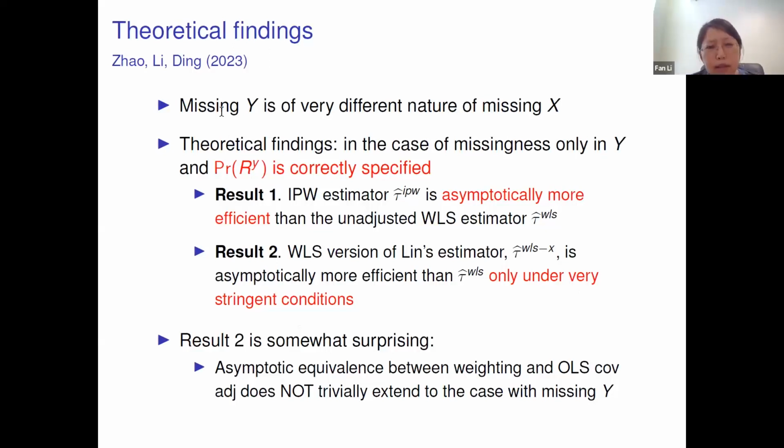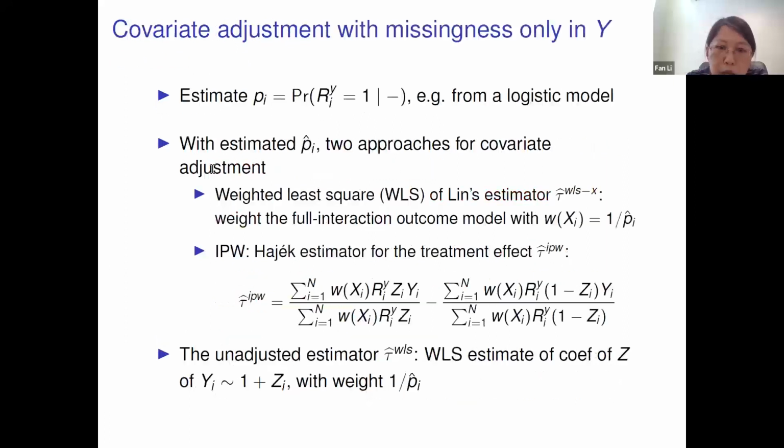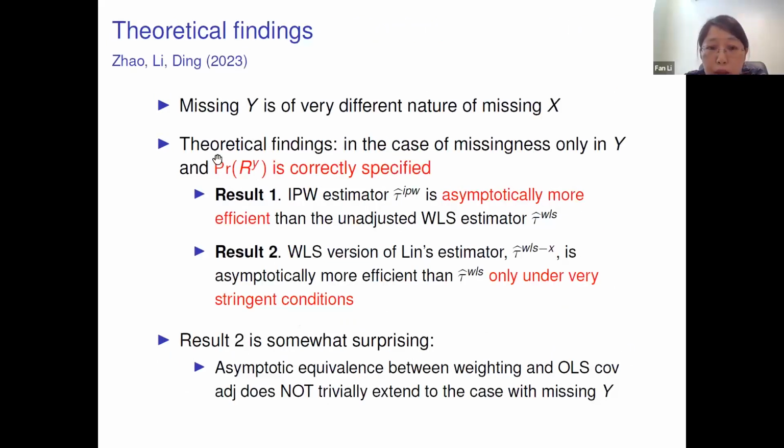What we found is, first of all, everyone knows missing y is of a very different nature from missing x. So theoretically we find that in the case of missingness only in y, and assuming the probability of missingness of y is correctly specified, which we normally assume, okay? Assuming that it is correctly specified, what do we find?